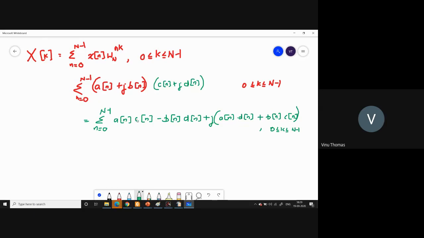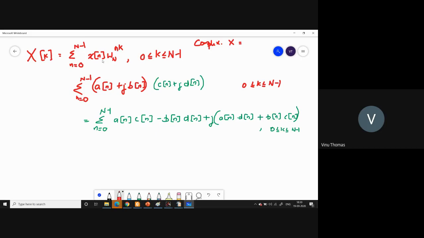So how many complex multiplications are required to evaluate x of k? We had discussed that in a previous class. Here x of n is a complex valued sequence, and Wn raised to nk is a complex valued sequence.